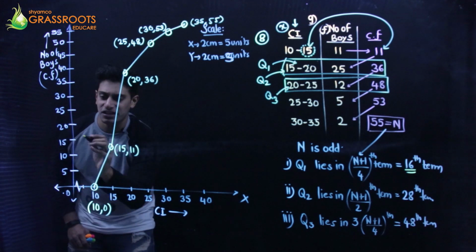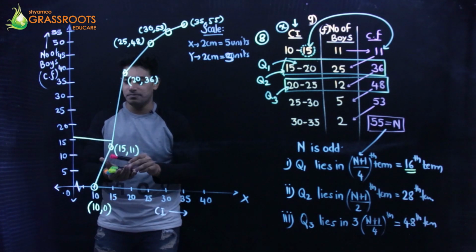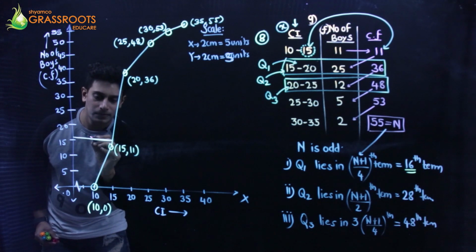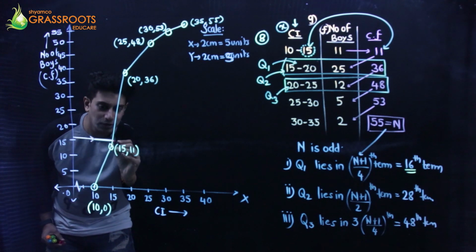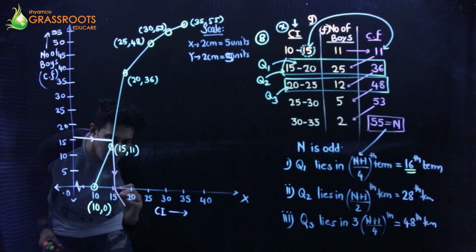Alright. So from 16, if I pull a line, let's take a change in color, and pull it down. It will be somewhere out here. This should be the answer of Q1.